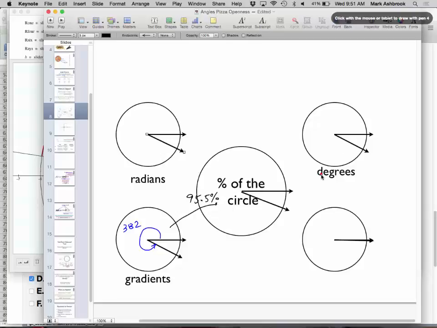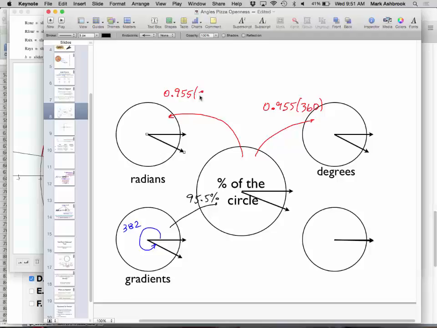So then to get degrees, what will I do? I want that percent of 360. And to get radians, I take that fraction or percent of 2 pi.